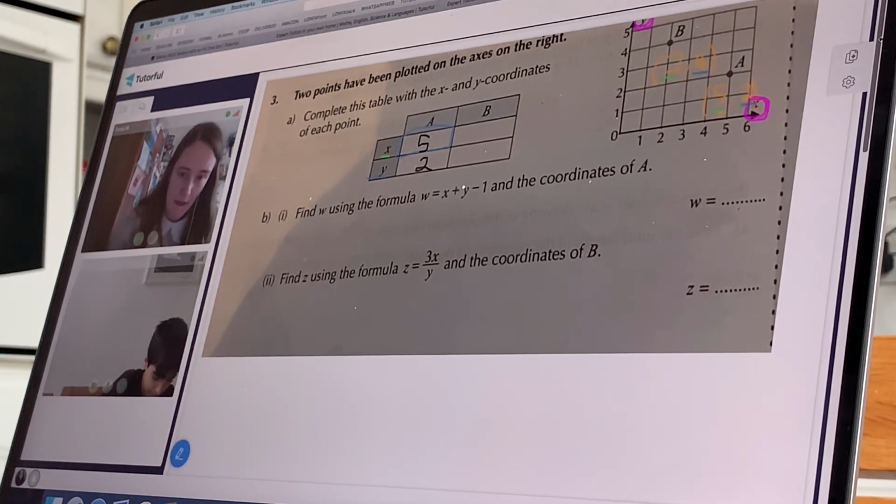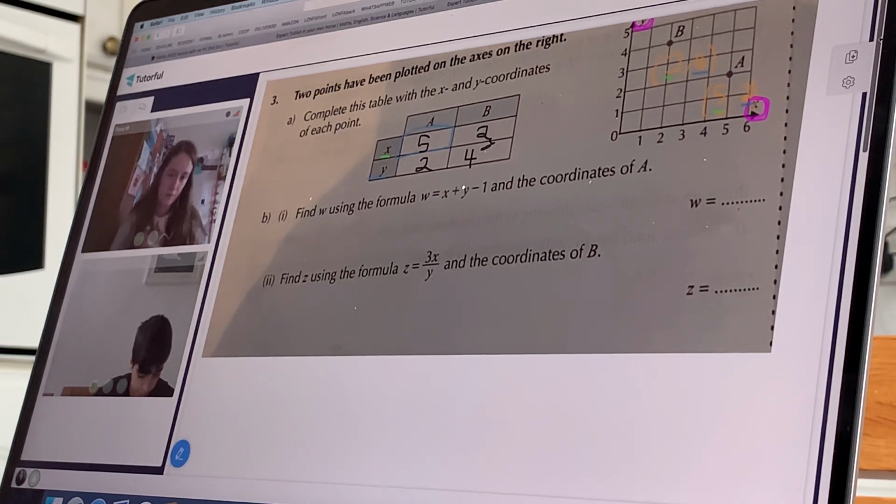The one underneath is 2, and then the next one will be 4.